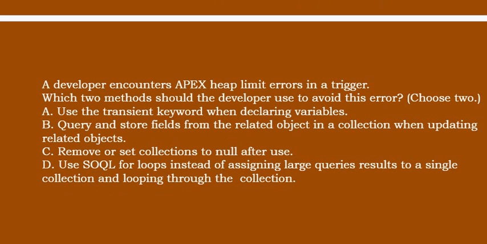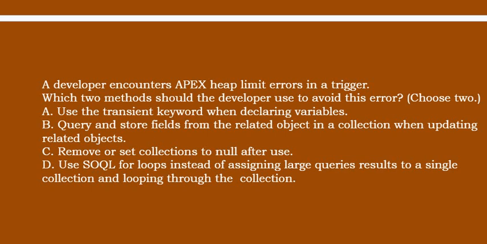Question is, a developer encounters Apex heap limit errors in a trigger. Which two methods should the developer use to avoid this error? Choose two options. Option A. Use the transient keyword when declaring variables.